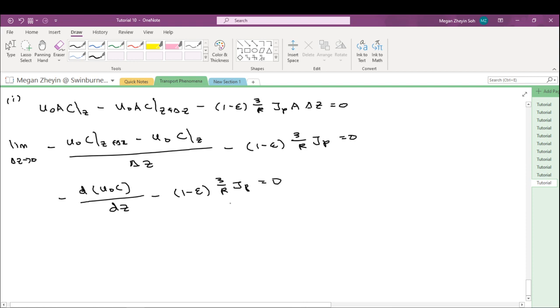equals 0. Again, we substitute J_P with negative D_E dou C_P over dou R. This one gives us negative, and this one can be taken out since it's only a constant.